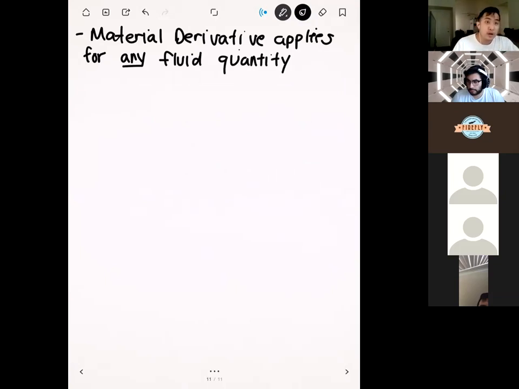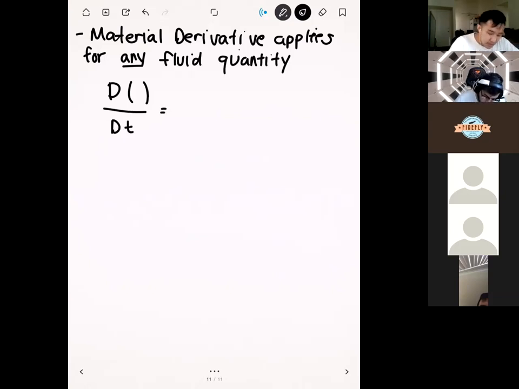So we're going to apply it to the mass of the fluid or the density. We're going to apply it for the momentum of the fluid, and we're even going to apply it for energy too. And so the general term for the material derivative looks something like this. The traditional symbol for the material derivative is capital D. And I'll leave parentheses here for whatever quantity that you want to apply.